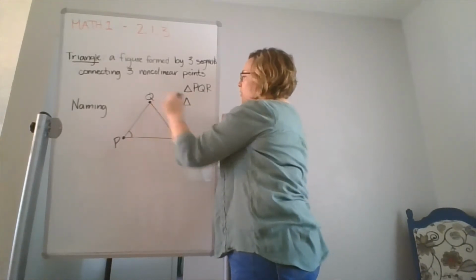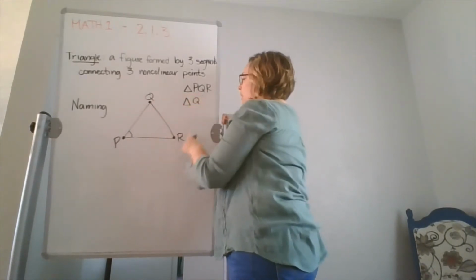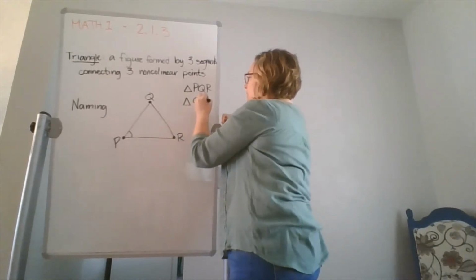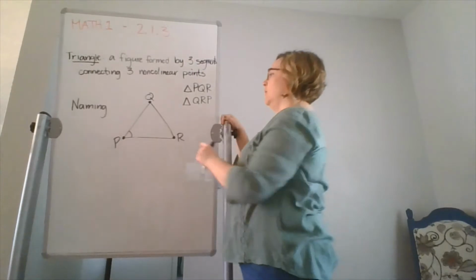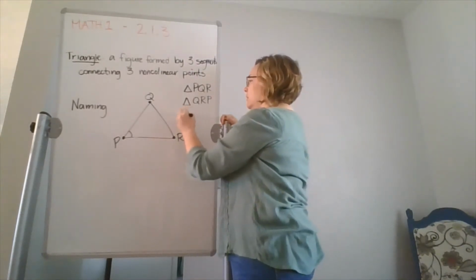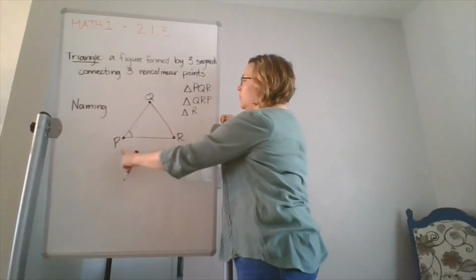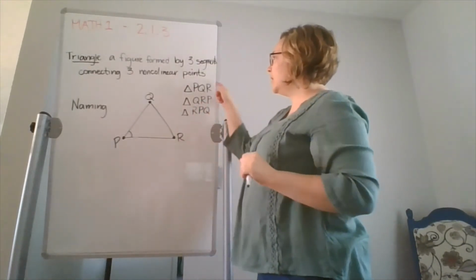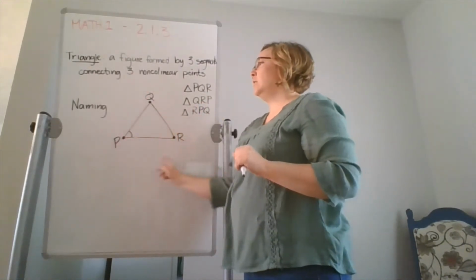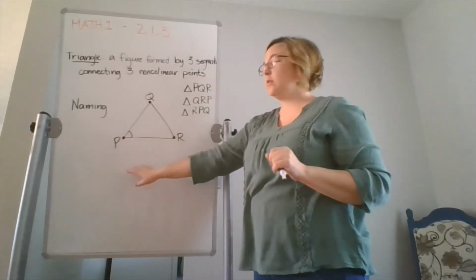Instead of starting with P, you could start with Q, and then it'd be R, P. This is all clockwise right now that we are moving, so I could go triangle RPQ. So those are my 3 options if I go around the triangle clockwise. I could go around counterclockwise.